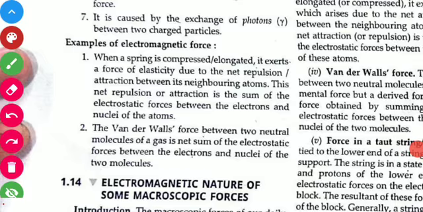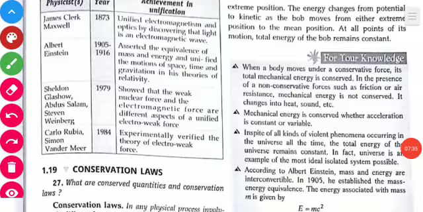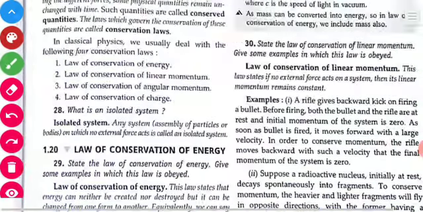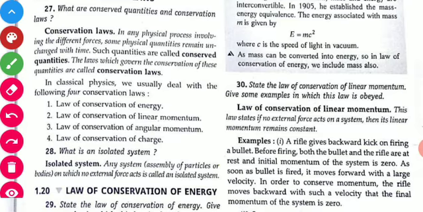Now our next topic is laws of conservation. We have many laws of conservation, like conservation of energy, conservation of momentum, angular momentum, charge. Basically, in any physical process involving different forces, some physical quantities remain unchanged with time.